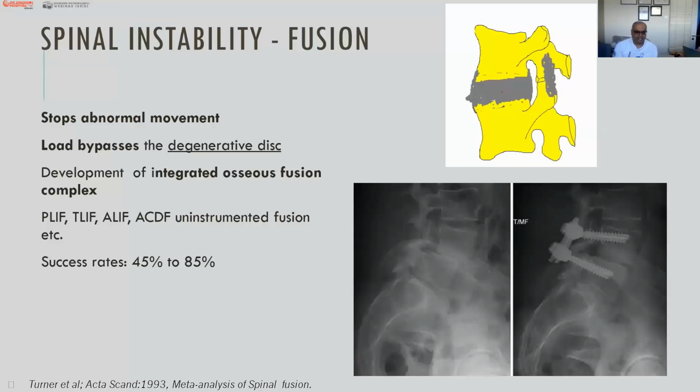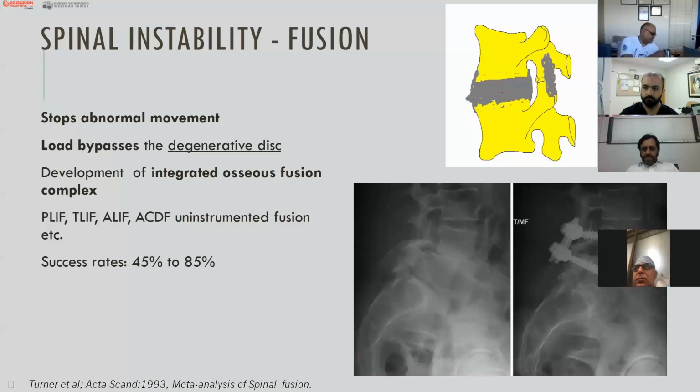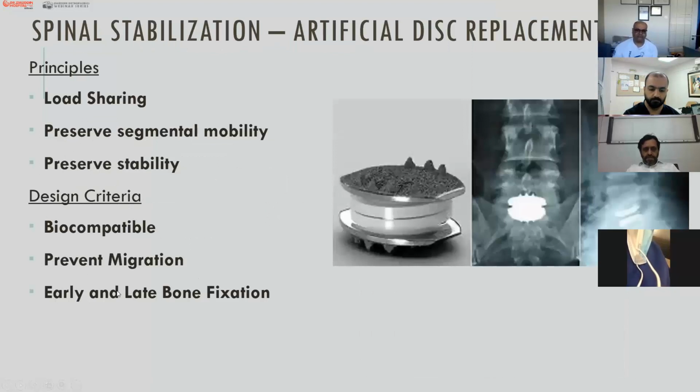And in the cervical spine, it is ACDF. Uninstrumented fusion nowadays has less role to play. Mostly in our areas also, even neurosurgeons have started instrumenting. Again, the clinical success rate of spinal fusion is about 45 to 85%. That means still not the right answer, although we can get it.